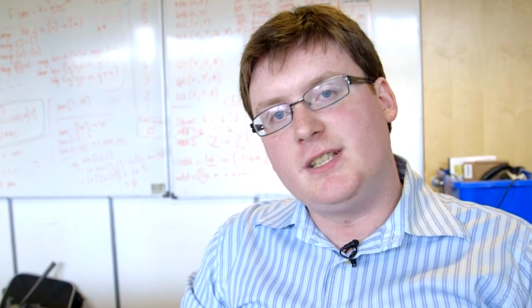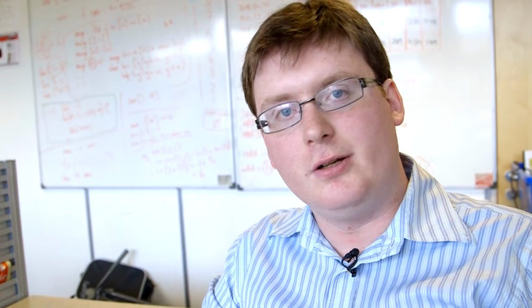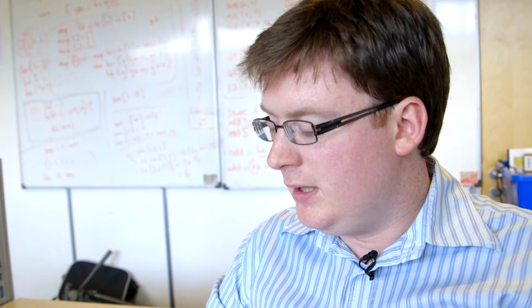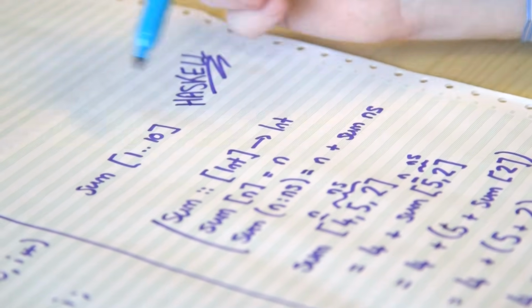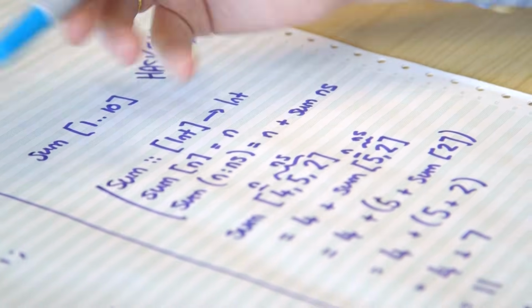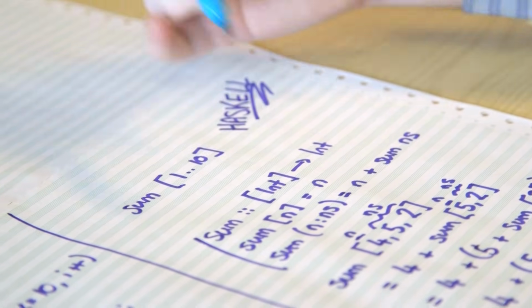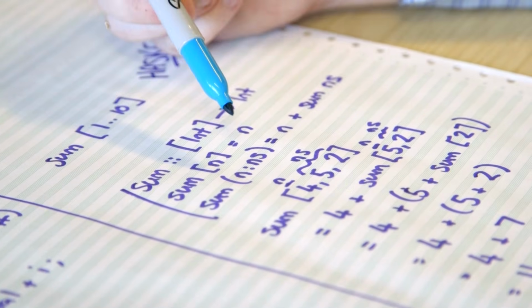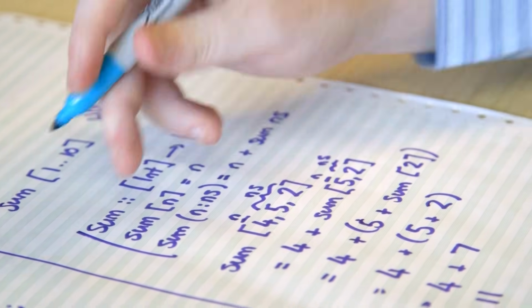This is characteristic of imperative programming languages: I have an external global variable that I can update at will. Whereas in functional programming, in Haskell, there is no external state. I'm not calling anything from outside this sum function. This sum from 1 to 10 is defined entirely in terms of itself. There is no reference to a total or anything that's not explicitly reachable from inside this function body.